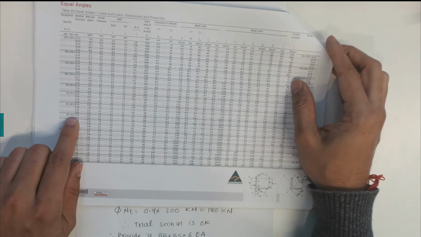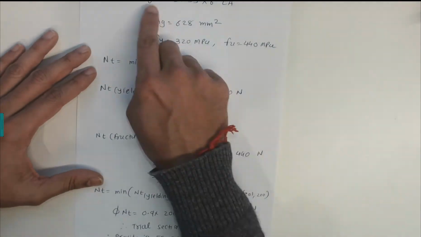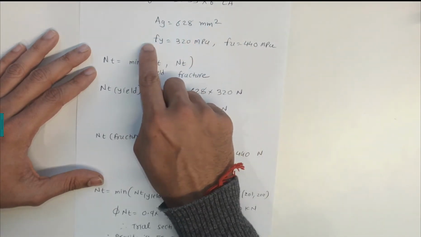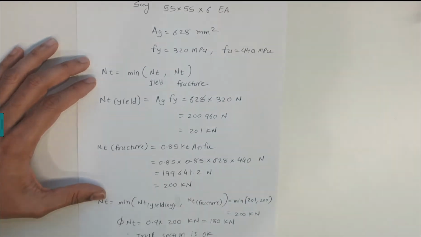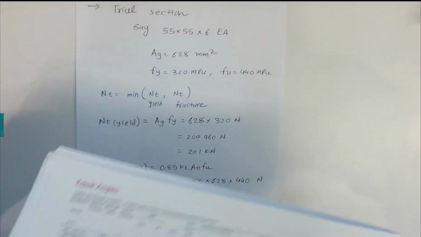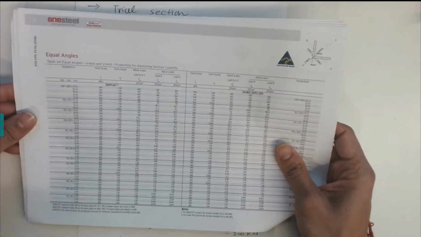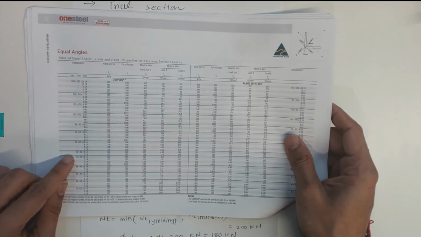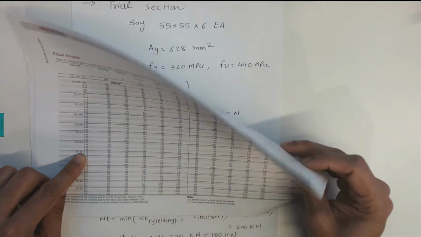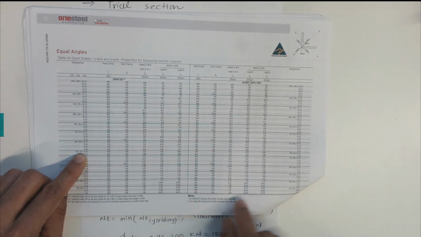We are trying this 55.6 EA. Gross area is 628. Yield strength is 320 and 440 megapascals, as you can see on page number 22.